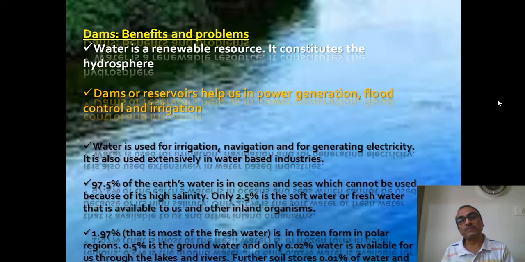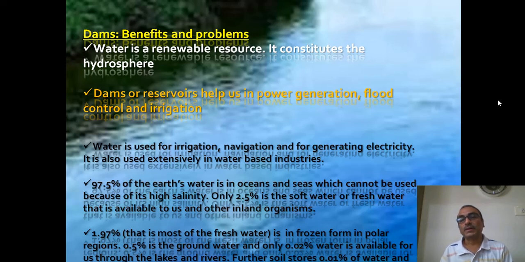And 0.5% is groundwater available to us, that is under the earth, the storage of the water table, from where we can extract the water by bore wells. And then only 0.02% is available to us in the form of lakes and rivers.